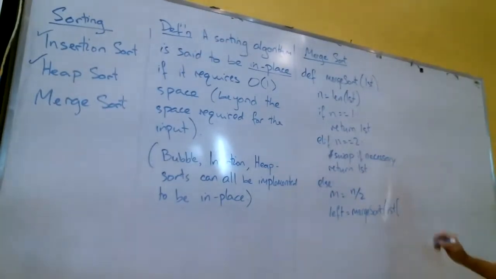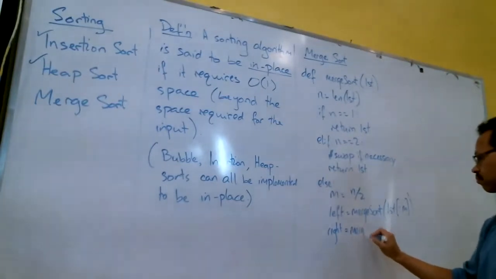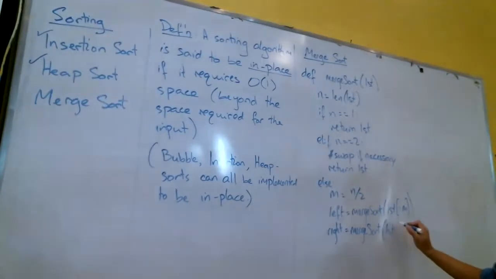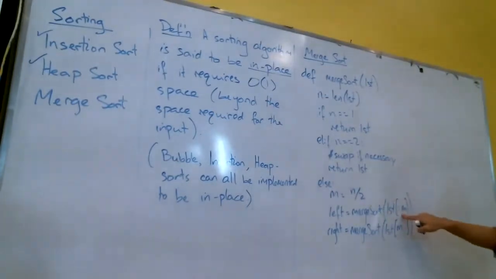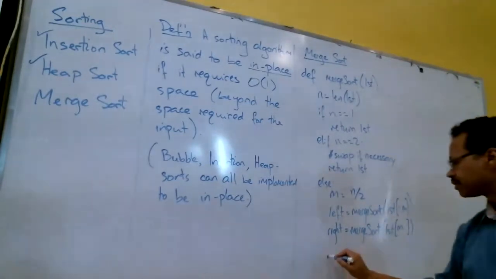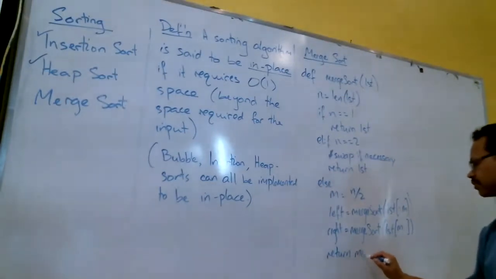In Python, I can conveniently slice. So that's everything up to the midpoint, everything from the midpoint to the right. And then you're going to return. This is where the merge happens.